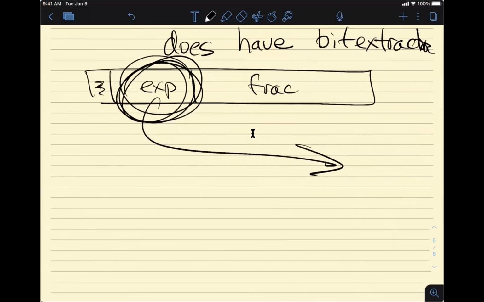The exponent is 2. 2 to the 2. And there's a 6 there. So that is the quarter and an eighth. So quarter and an eighth is going to be 3/8. Okay, so that's the value of 7.